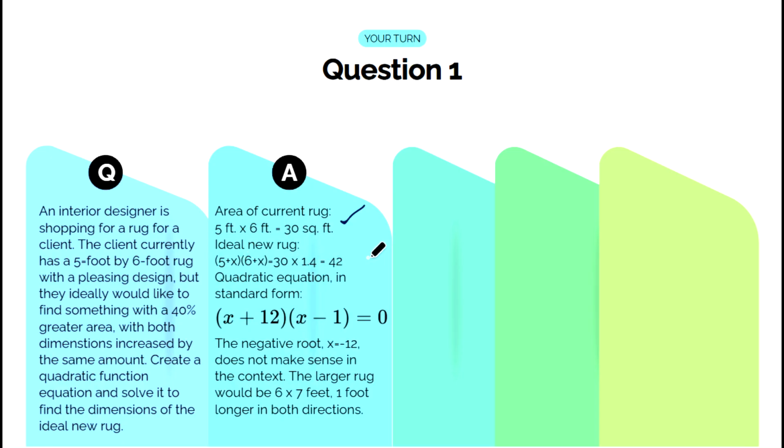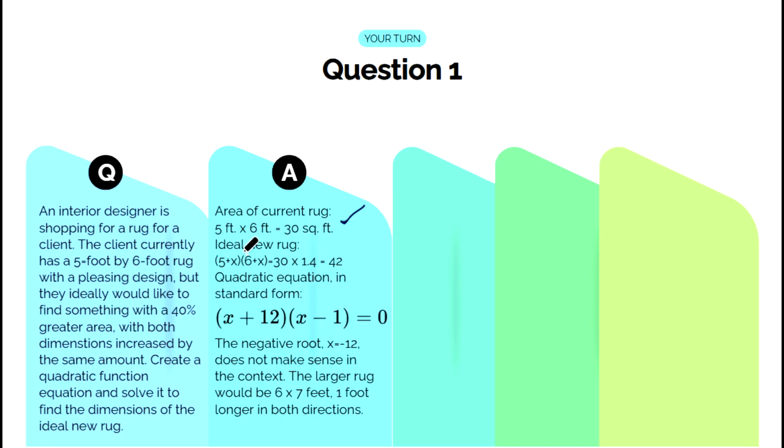So the ideal new rug is 5 plus x times 6 plus x is equal to 42. Okay? The quadratic equation in standard form is x plus 12 times x minus 1 equals 0.